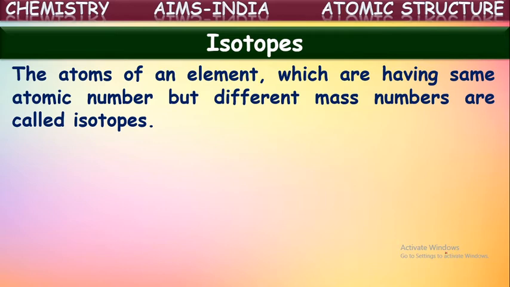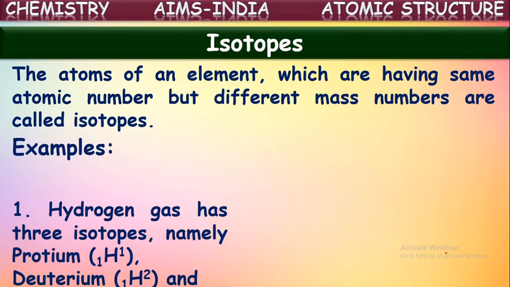But sometimes their mass number might change because of the difference in the number of neutrons. So anyhow, the atoms of an element which have the same atomic number but different mass numbers are called isotopes.